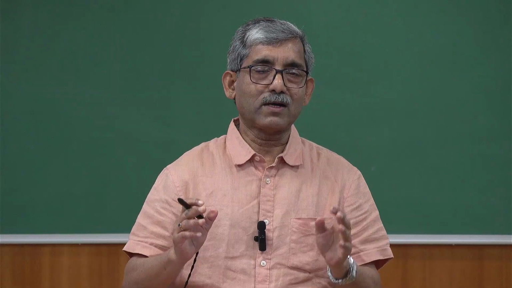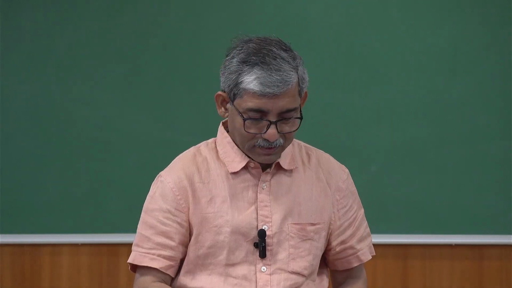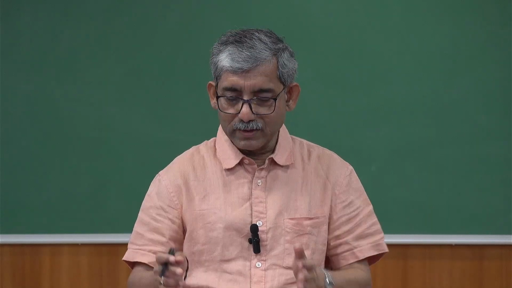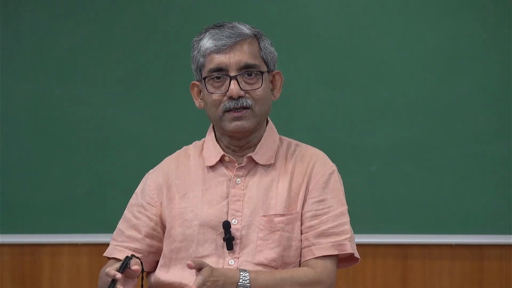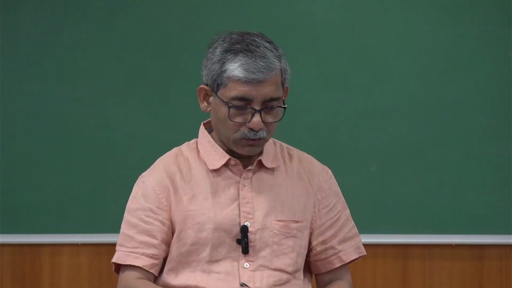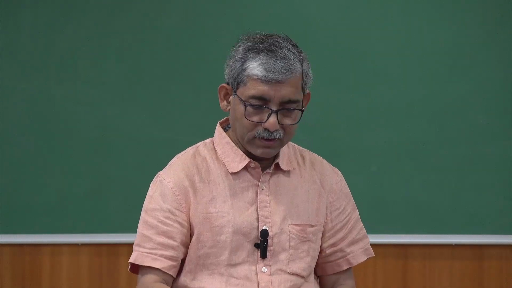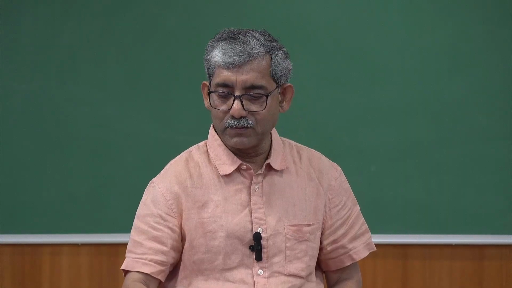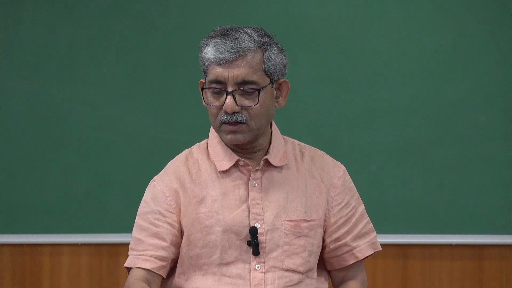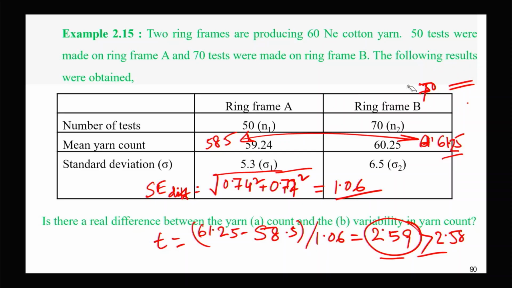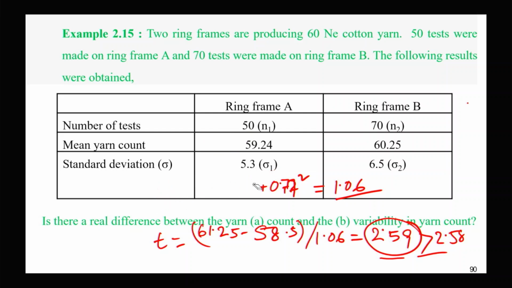That is one approach, but this type of problem, ring frame A and ring frame B, between two ring frames we do only when we have encountered some previous problem. Suppose one ring frame is having some problem and maintenance was done, and to check the variability, we should not immediately mix it with the lot.